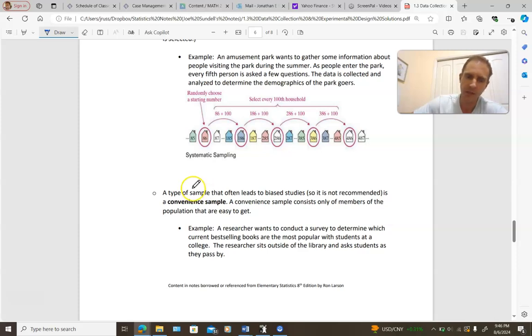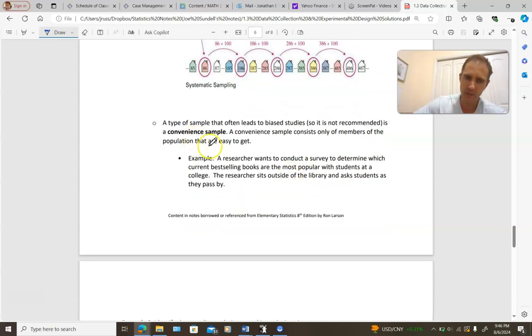Okay. So a convenient sample is just that, guys. It's a sample that's obtained out of convenience. So you don't go to any lengthy measures to try to obtain a sample that's representative of the population. So here's an example.